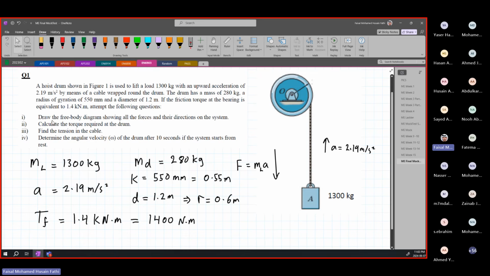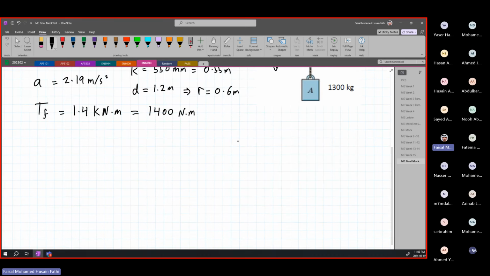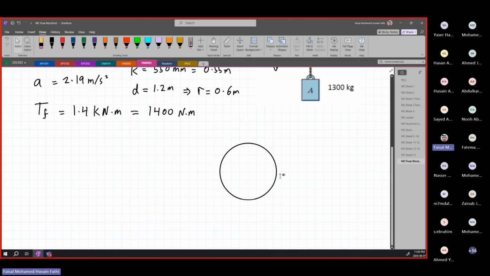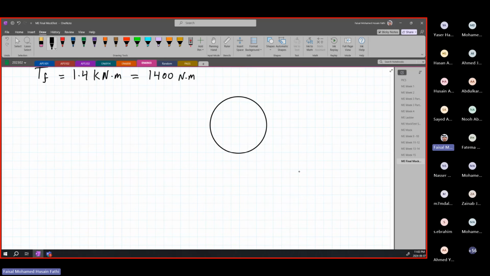The first thing it says, draw the free body diagram showing all the forces and the directions. So how will you draw the free body diagram? You're going to have a free body diagram for your drum, and you're going to have a free body diagram for your load. So I'm going to do them together over here in this case.